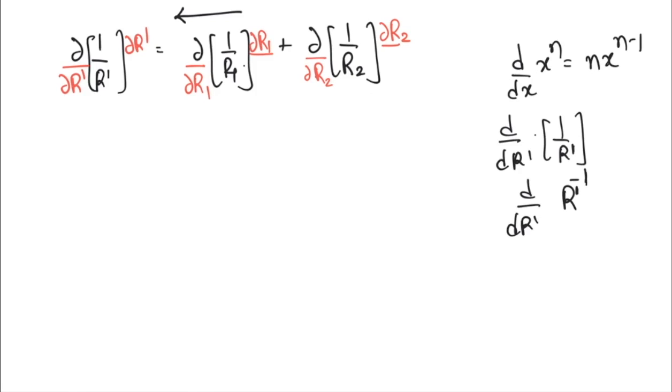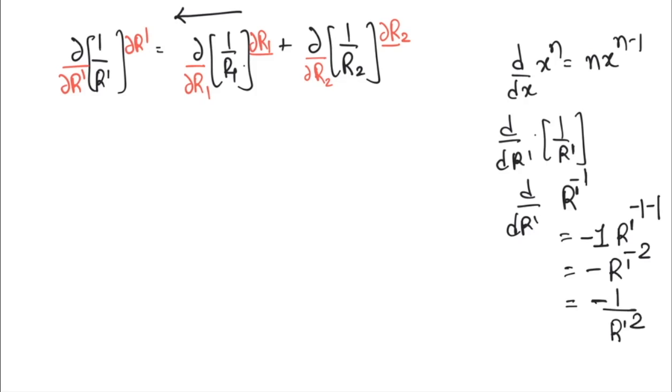So for this, our n is minus 1. Its solution will be minus 1 times r dash raised to minus 1 minus 1, that is equal to minus r dash raised to minus 2, which can be written as minus 1 upon r dash square.